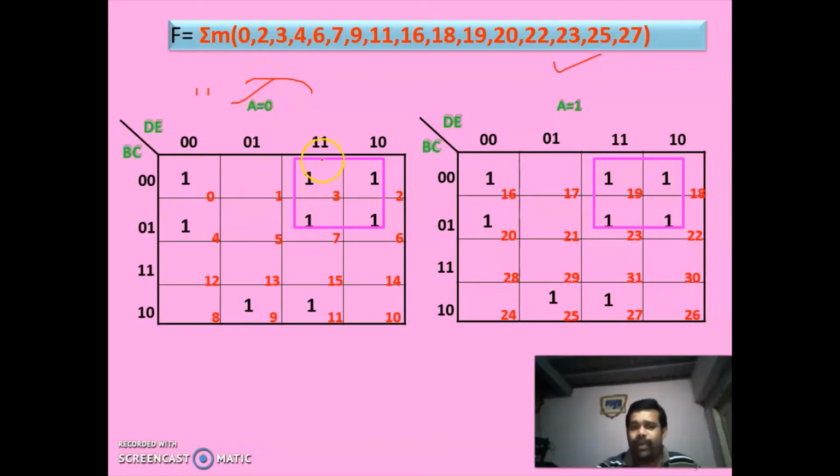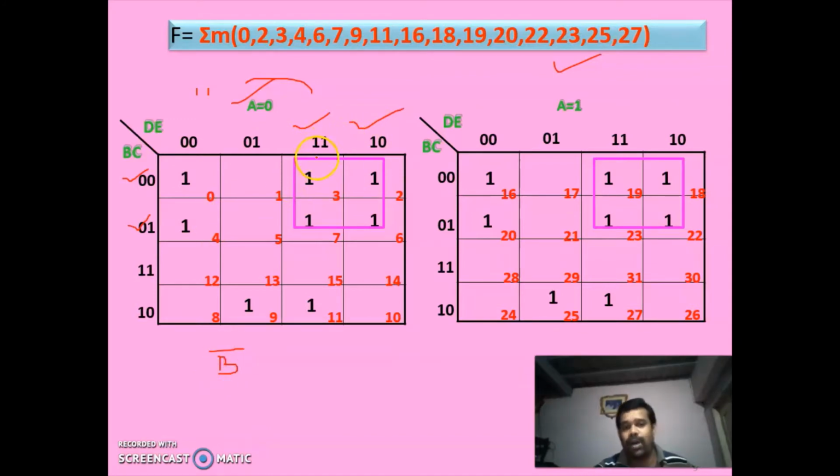Now we have to consider only the remaining variables. In order to group these 4 ones, we have taken these 2 rows and these 2 columns. In these 2 rows, the value of B is not changing, so we are having B bar.